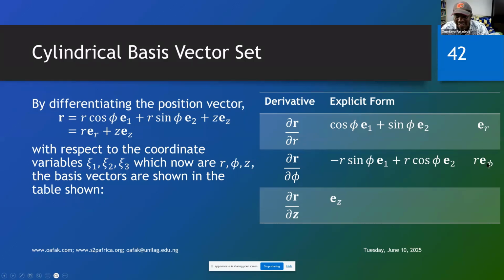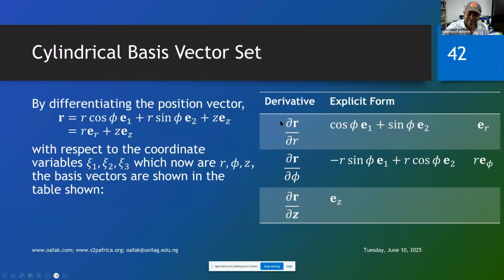So everything just comes out neatly by taking the partial derivative. The partial derivatives with respect to the coordinates give you the basis vectors directly, whether the basis vectors appear explicitly or not, even if the position vector does not seem to have them explicitly.